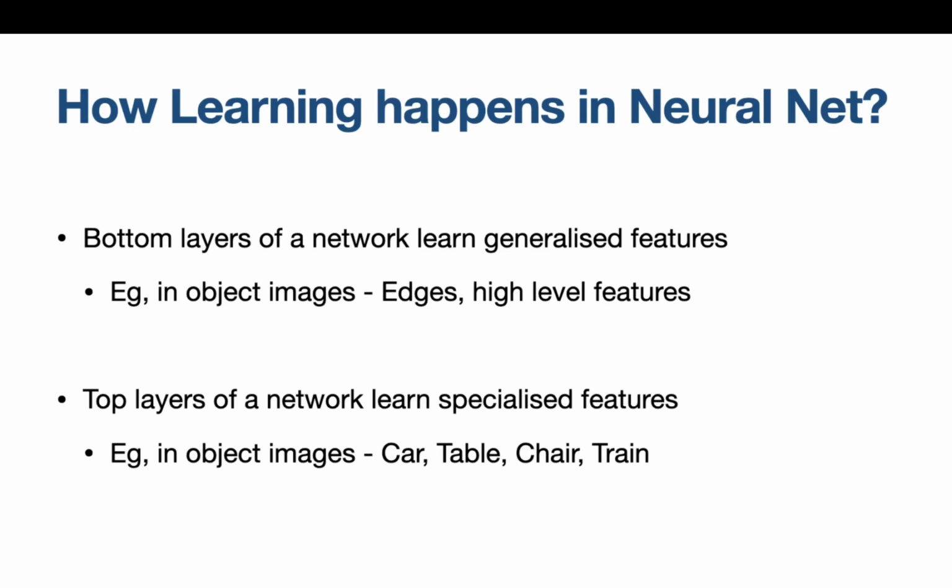Now let us understand how learning happens in a neural net for a bit before we jump into transfer learning. A deep learning model learns the features in data by encapsulating the learnings in the layers. The learning is the weights of the neurons in each of the layers. The low-level features like edges, points, etc. in an object image are generally the generalized features.